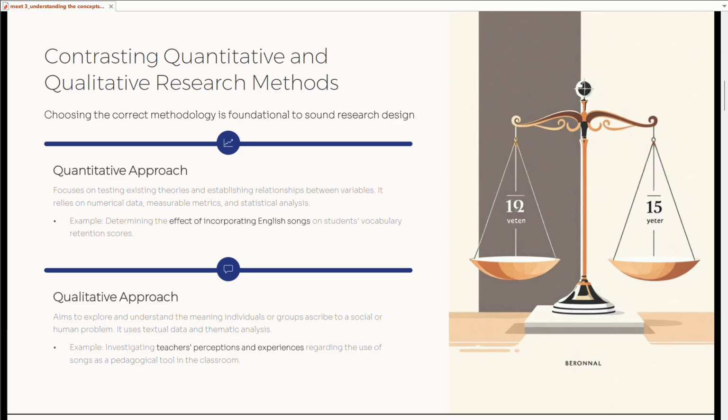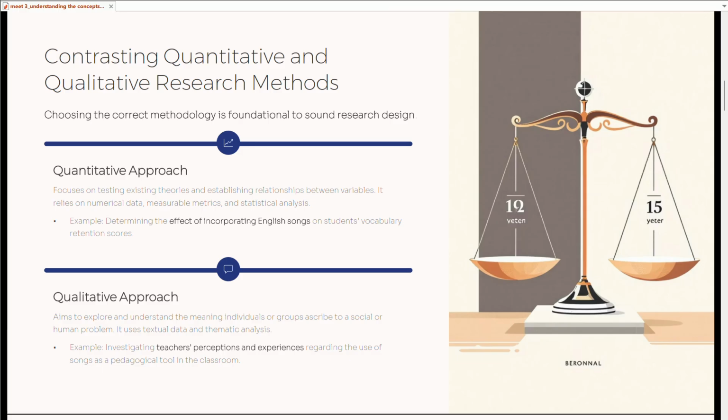The example is investigating teachers' perceptions and experiences regarding the use of songs as a pedagogical tool in the classroom. So you can see here both studies use the same topic, namely English songs, and how English songs are used in the English classroom during the teaching and learning process.